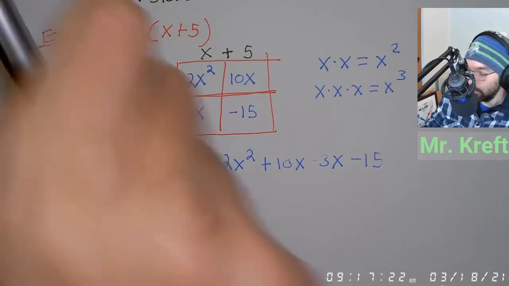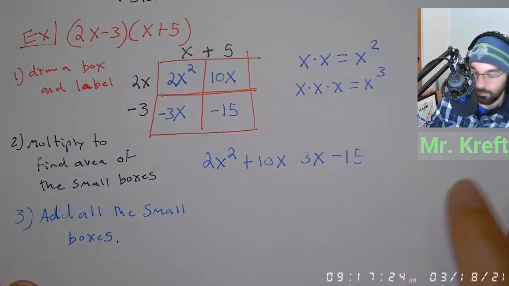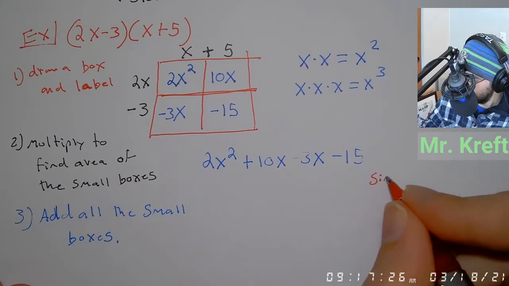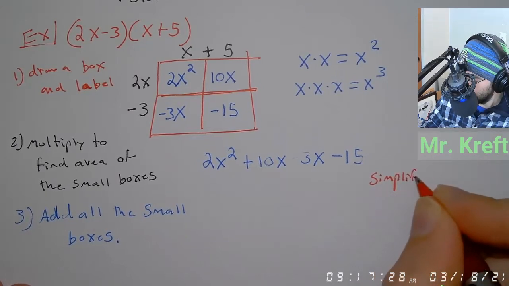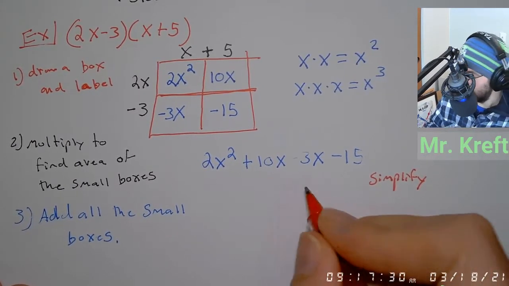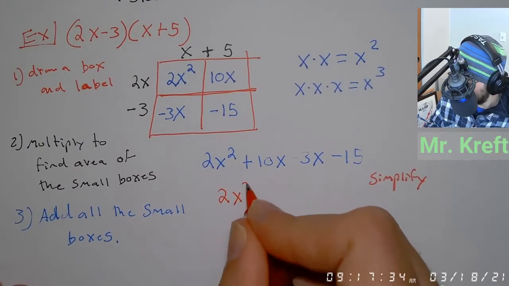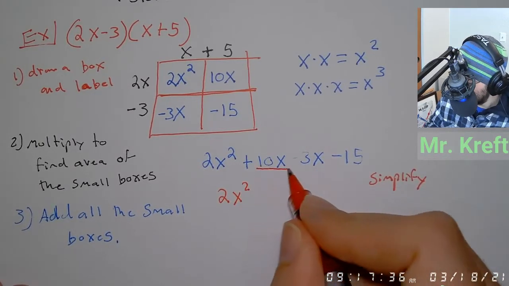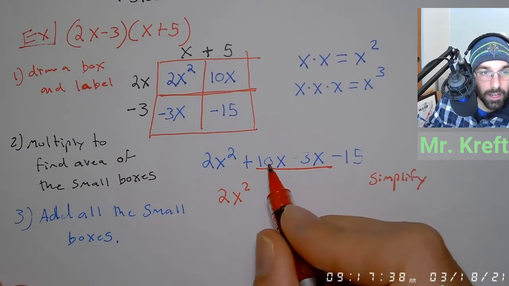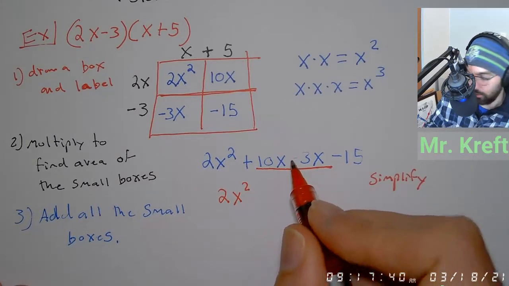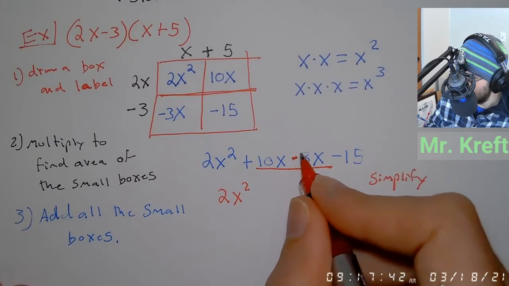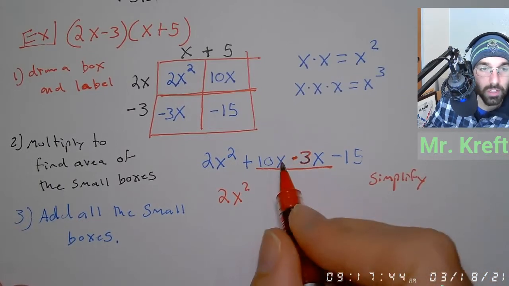Then we're going to want to simplify this. Notice how I just have a 2x squared, but then if I have 10x and I have minus 3x, remember, we were doing this with adding polynomials.